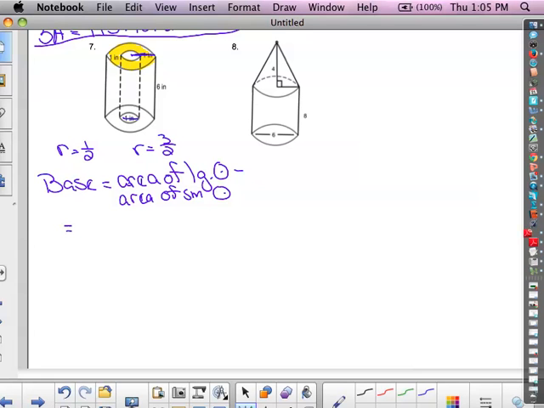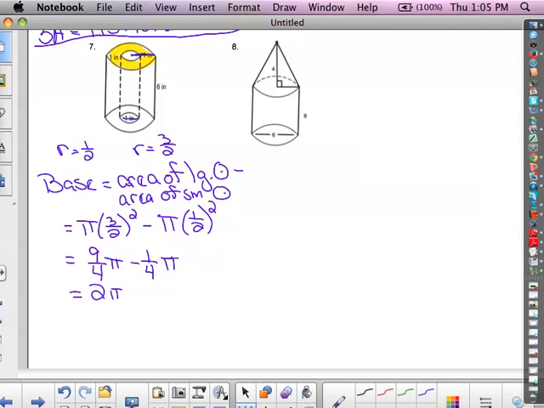So the area of the large circle is going to be pi times the radius squared minus pi times the radius squared for the small circle. So that's going to give me 9/4 pi minus 1/4 pi, which gives me 2 pi. So a base is 2 pi.